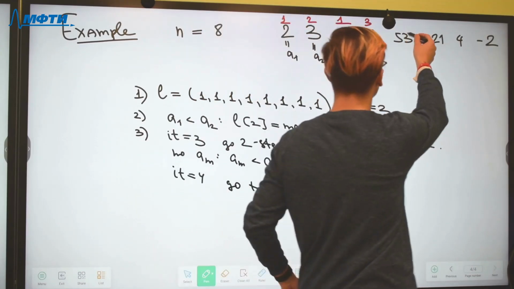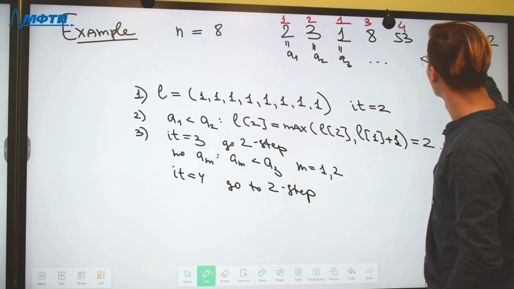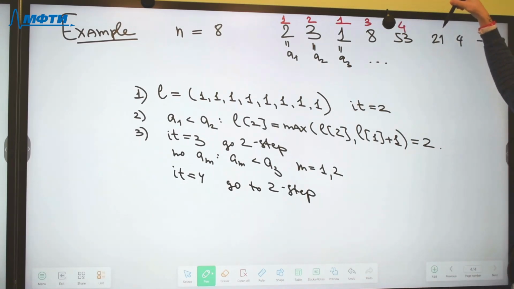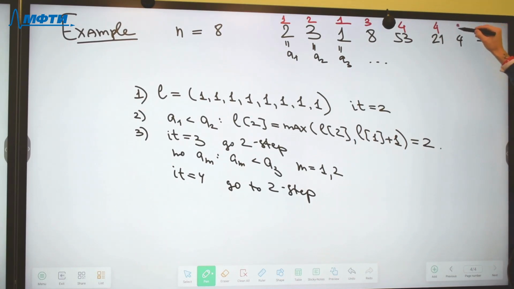For this number, it's 4. For this number, no, 21 is smaller, so it's 4 too. For this number, no, because 4 is less than 8, it's equal to 3.